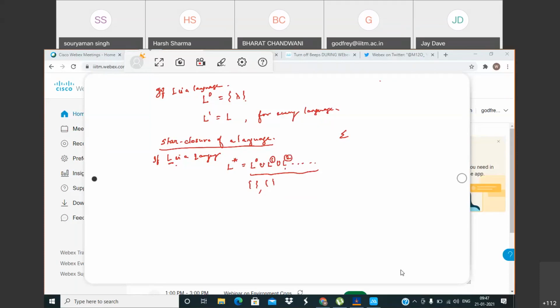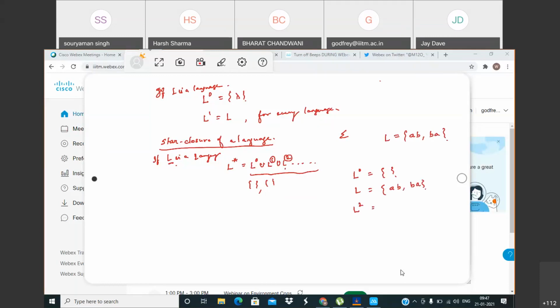If L is equal to say {AB, BA}, then L power 0 is going to be lambda. Then L power 1 is going to be AB and BA.